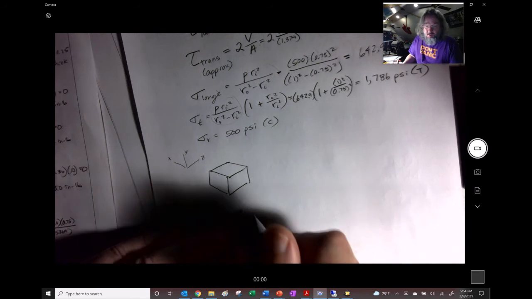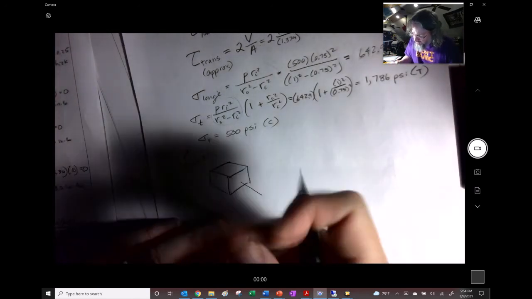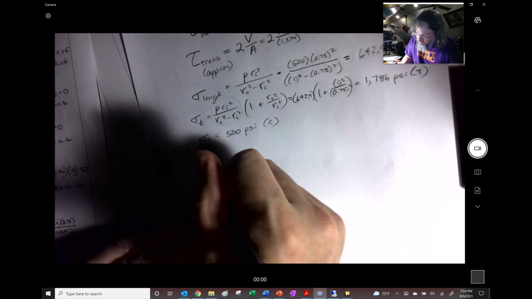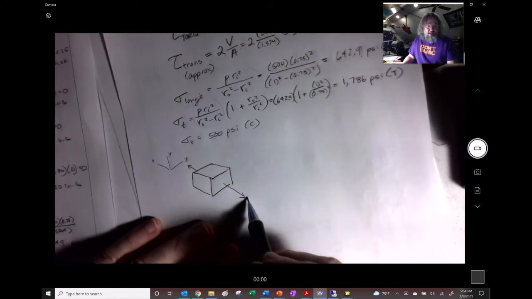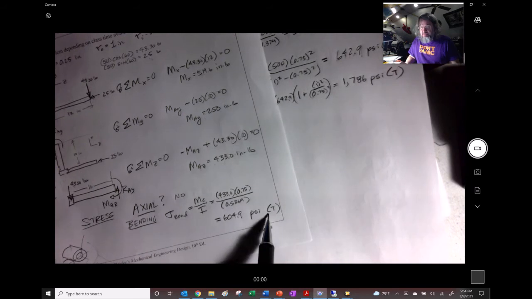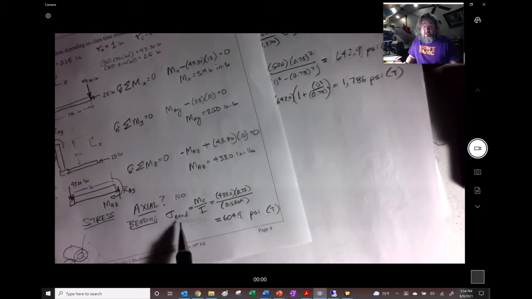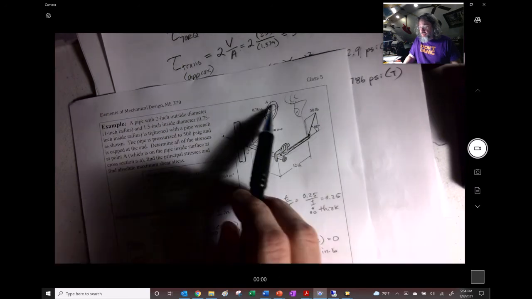So things that are happening in the X direction. All right, so in the X direction, we had bending and we had longitudinal. And bending was tension, right? And bending is aligned with the X because it's pulling in the X direction.